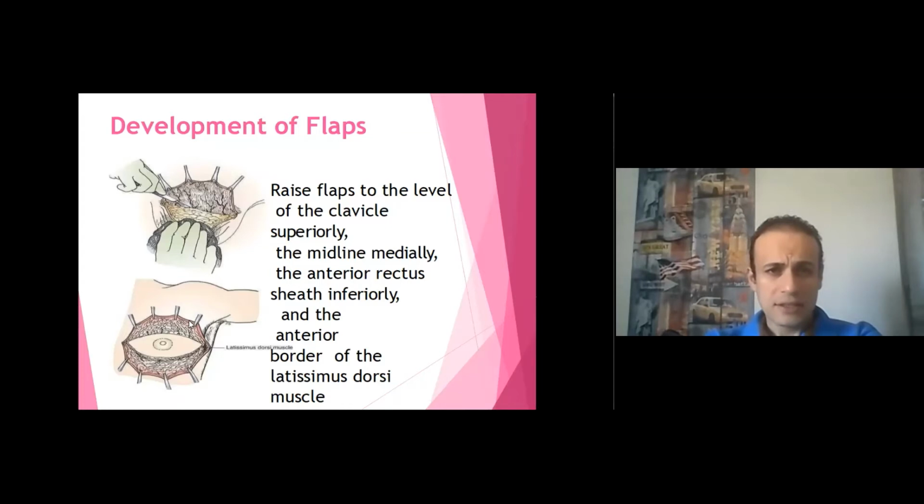Superiorly till the level of the clavicle, inferiorly the anterior rectus sheath, medially till the midline, laterally till the anterior border of the latissimus dorsi muscle. This means we ensure complete removal of the breast glands.